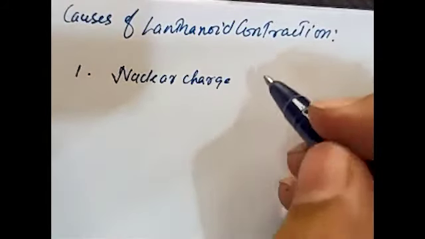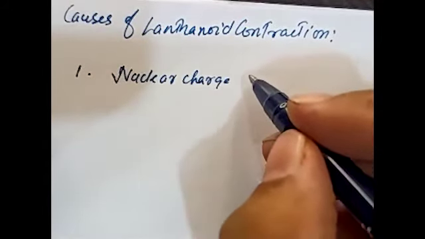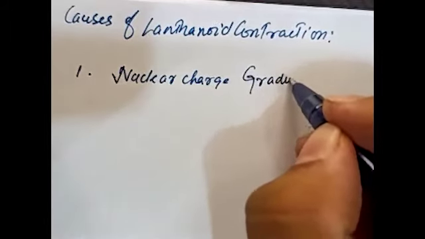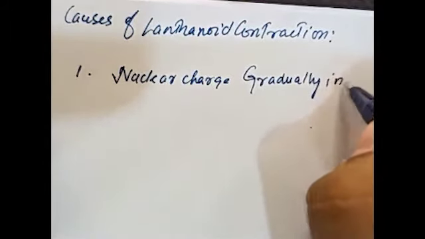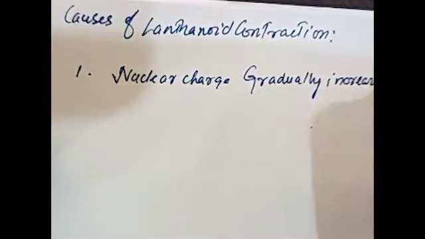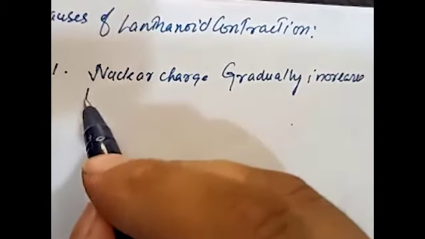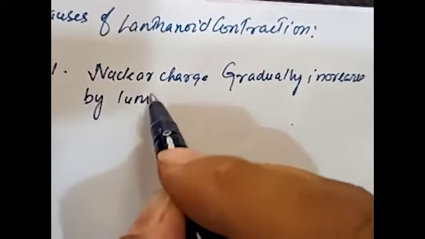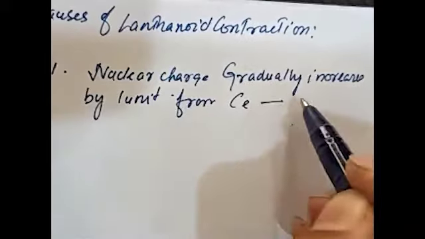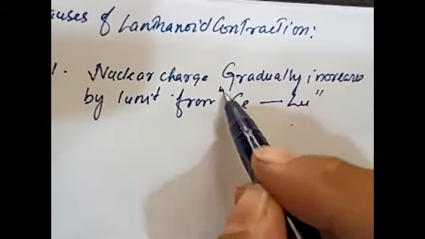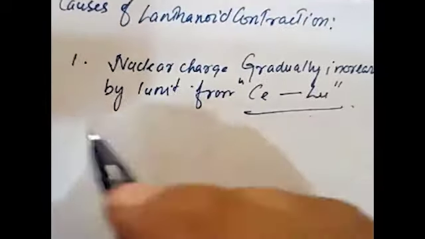So nuclear charge gradually increases by 1 unit from cerium to lutetium.